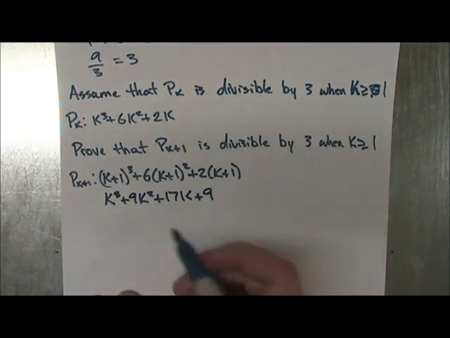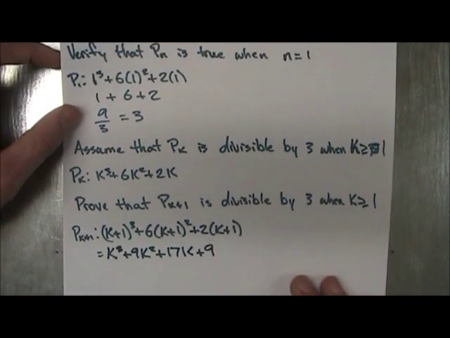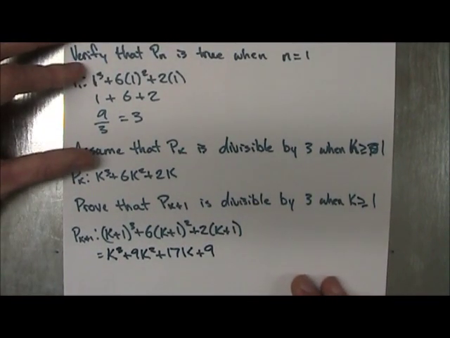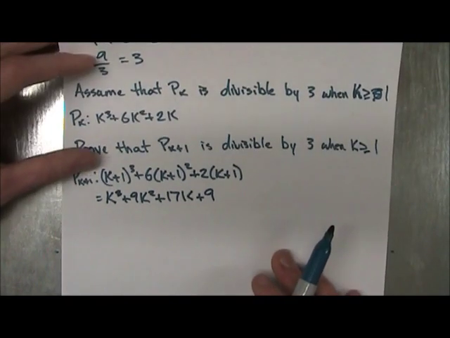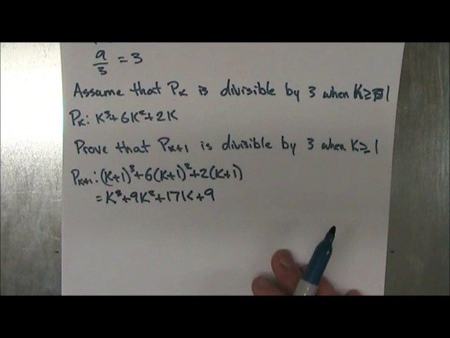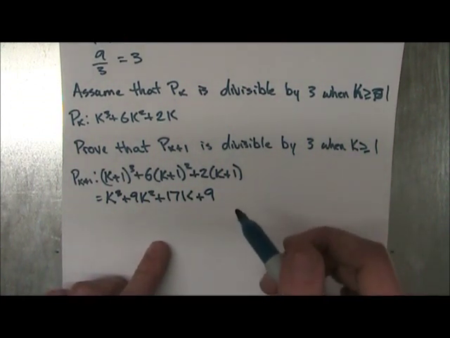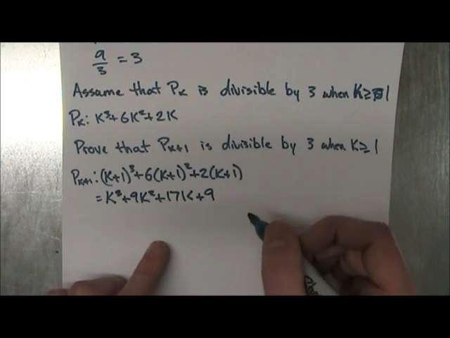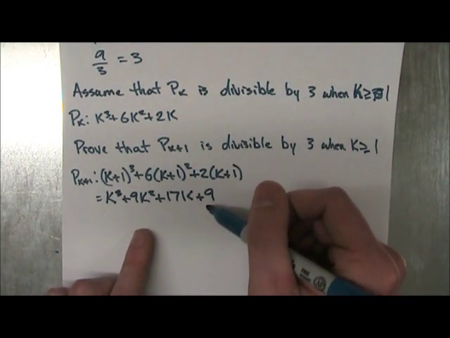In our last example, we took Pk and found that Pk was actually inside our Pk plus 1. You want to do exactly the same thing here, and in almost every example of mathematical induction, you can find that your Pk is actually in your Pk plus 1.